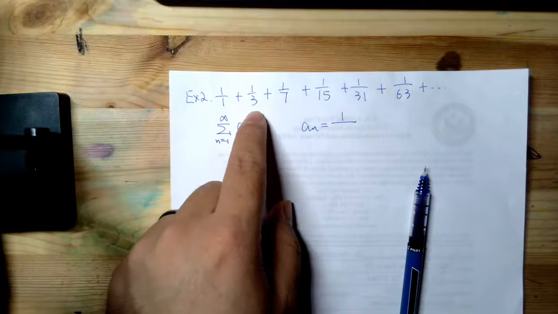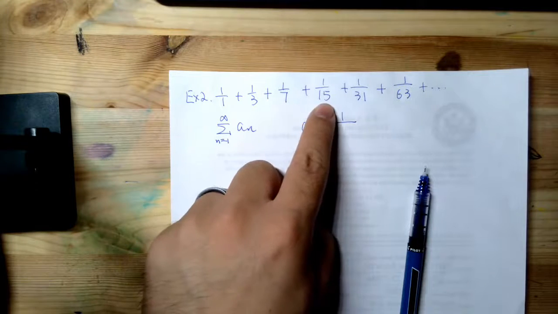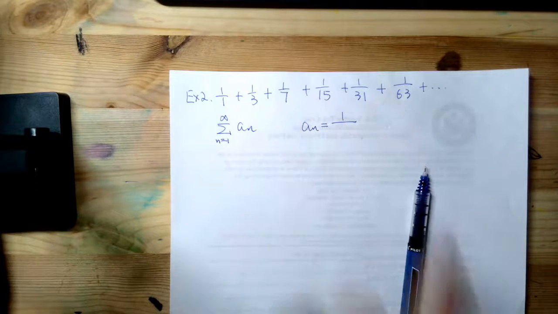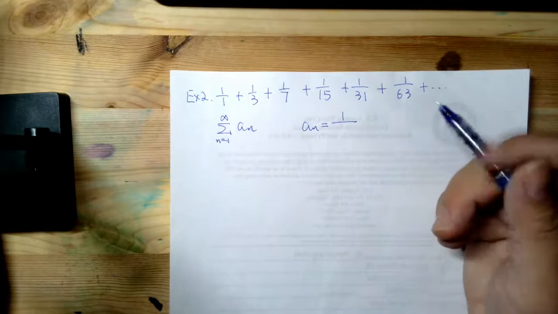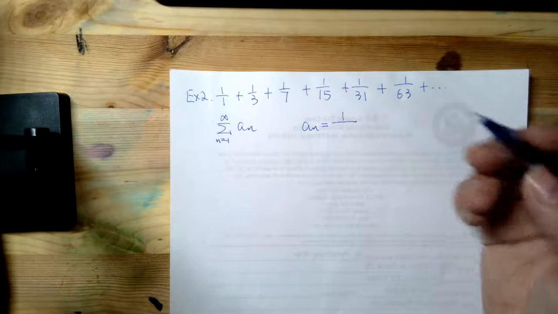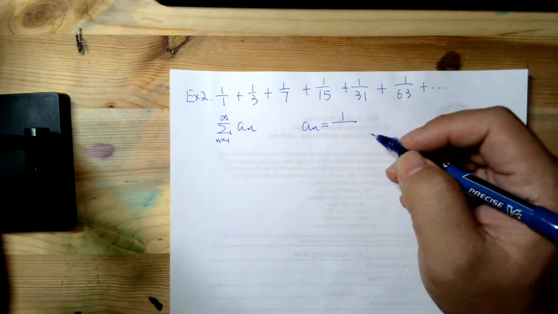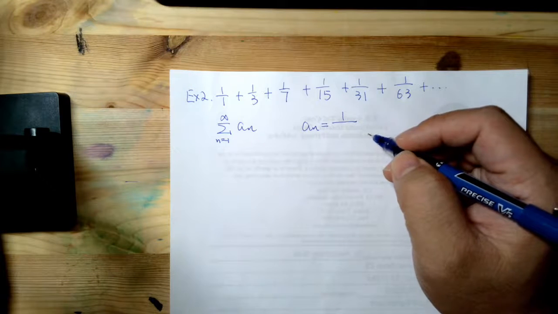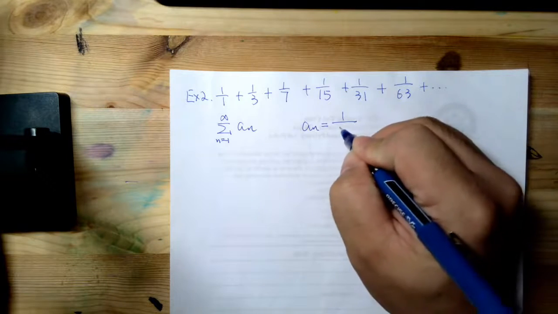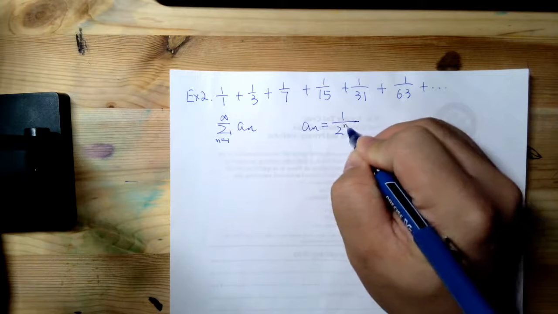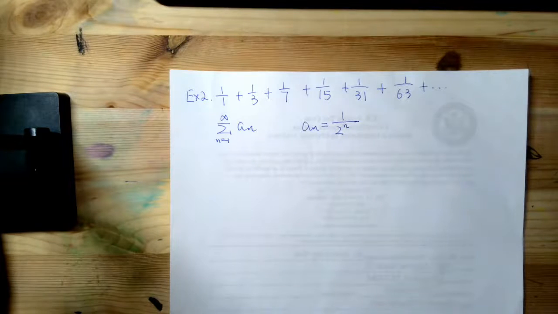So double plus 1, double plus 1, then double plus 1, double plus 1. But when we try to write it into the general series, you can see that anytime you make things double, you're going to have something like 2 to the power n.